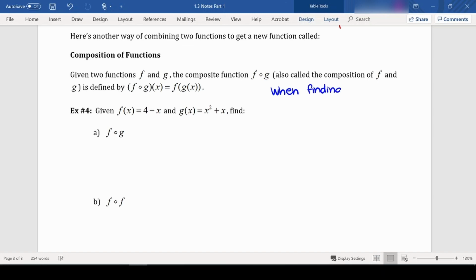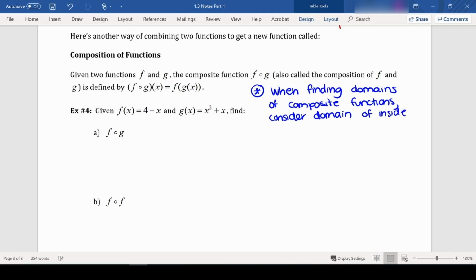Write this down if you want. You need to consider the domain of the inside and of your whole final simplified function.